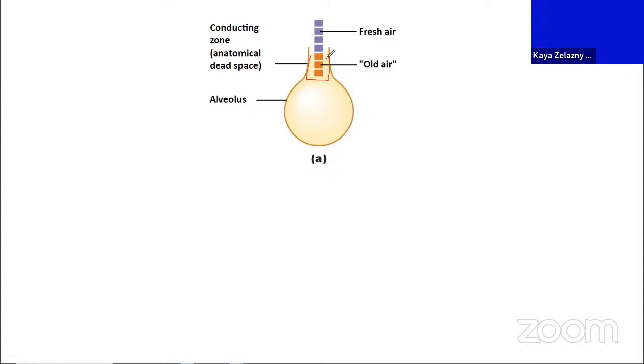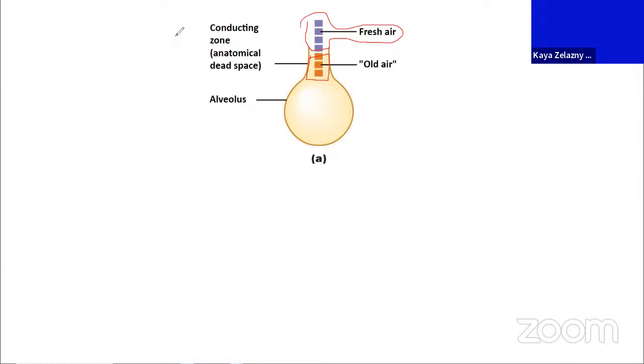The air that's in the respiratory zone in the alveoli participates in gas exchange, and as you breathe out, it starts to move out through your airways. So we might find that air, as we have breathed out, in that anatomical dead space in the conducting zone, while our fresh air is out in the environment, out near our mouths.